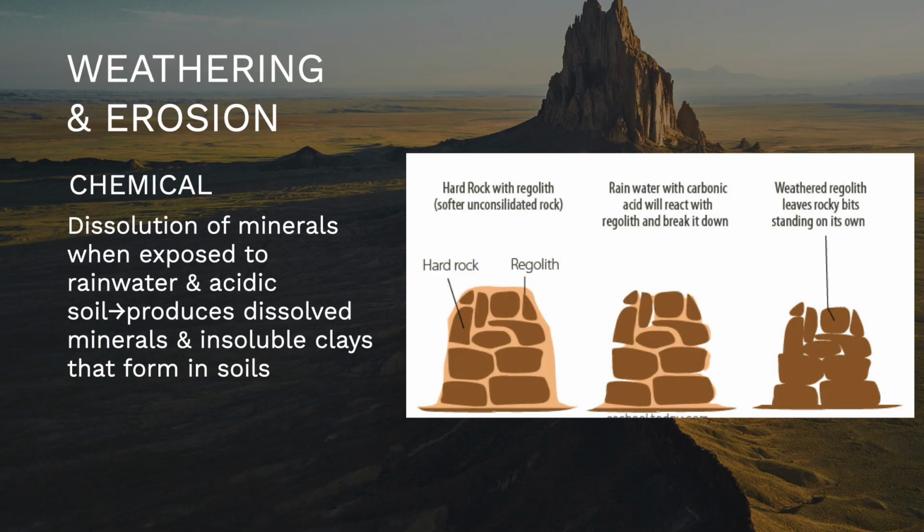So first in this diagram, we have in this darker brown some very hard rocks, and then between them we have regolith, as those have been cemented together. So hard rock with regolith, that is a softer form of unconsolidated rock. If that is exposed to rainwater that is, say, acidic, this acidic rainwater with the carbonic acid will react with this regolith and chemically break it down.